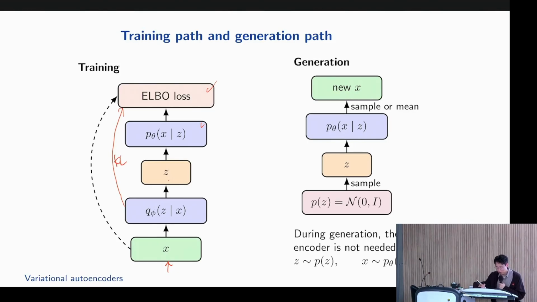During generation, we sample the z's straight from our designed sampling distribution. We sample z from a standard normal distribution, pass it through our decoder network, and sample some data from it. So during generation, the encoder is no longer needed. This component here is useless during generation.